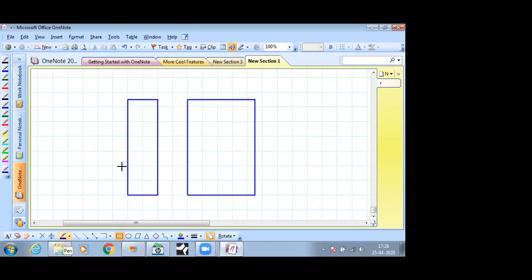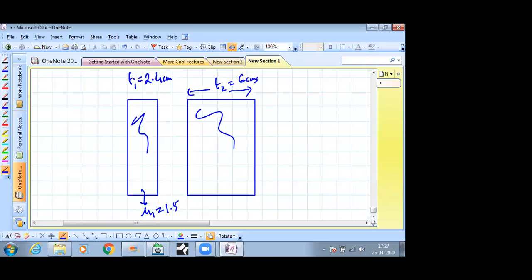This has a thickness of, let us say, 2.4 centimeters and is made of a material of refractive index 1.5, and this has a thickness, let us say 6 centimeters, and is made of a material which has refractive index, let us say 1.2.